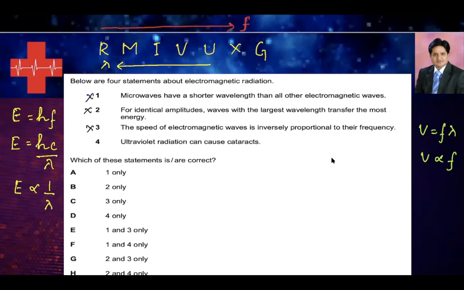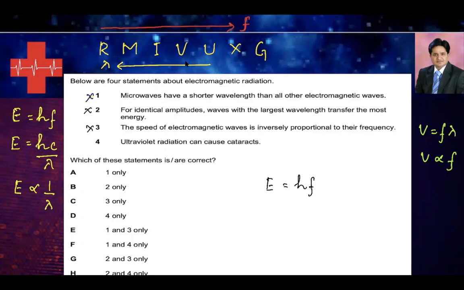Then let's look at the last statement. Ultraviolet radiation can cause cataracts. Well, let's look at the energy of ultraviolet radiation. Energy is hc over lambda, or it is hf. Now, if you look at the frequency of ultraviolet, ultraviolet frequency is greater than visible.